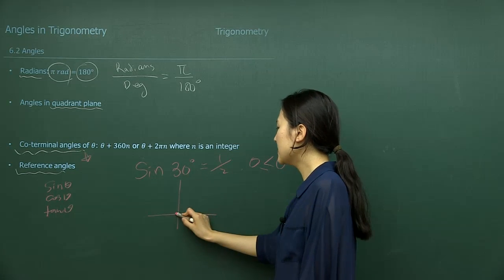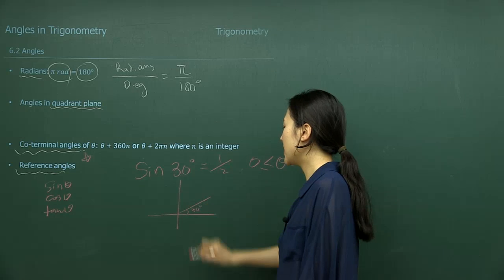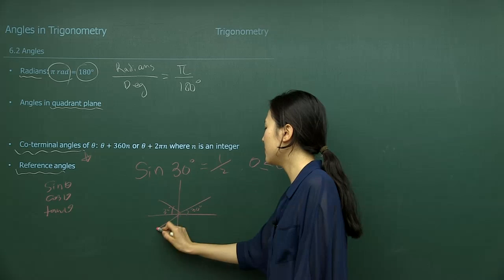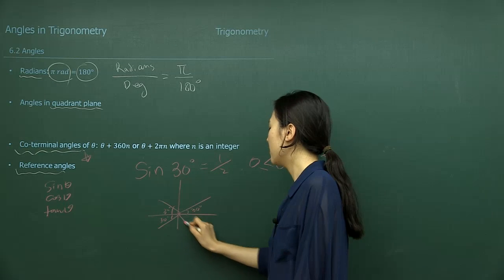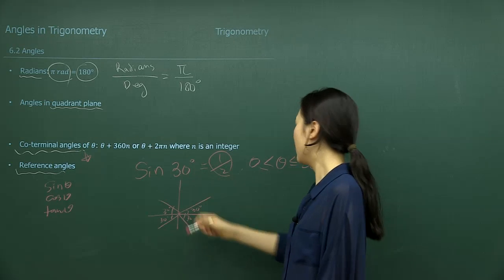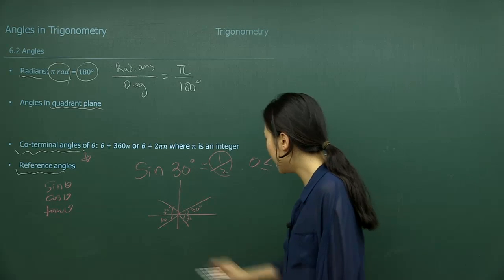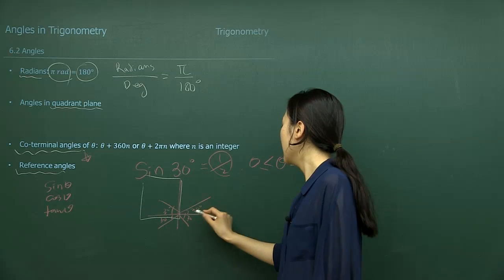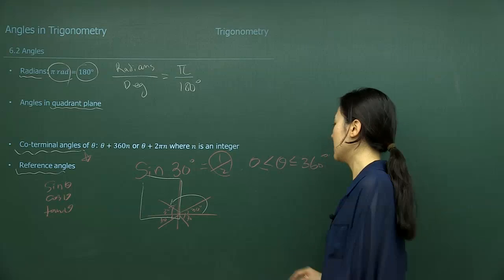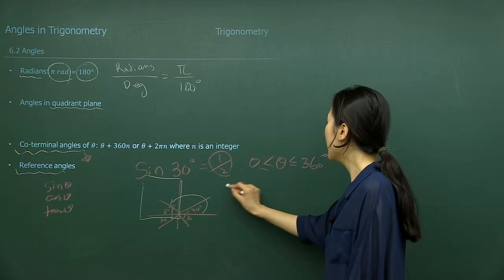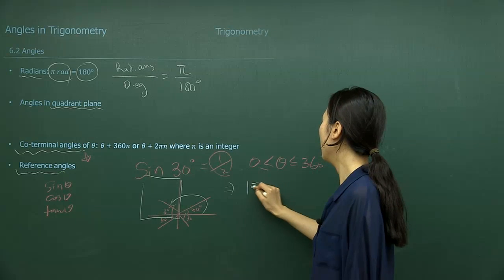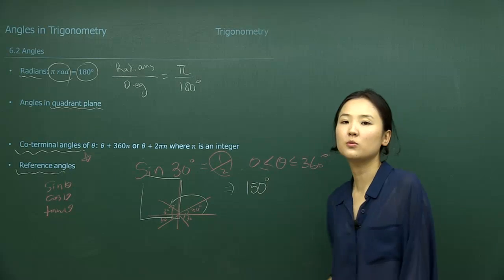Remember, reference angles give the same ratio. Since it's 30 degrees, everything else has to be 30 degrees away from the x-axis. Since this is positive, we have to look for the reference angle in the second quadrant. What is the angle measurement of that? 150 degrees. So another angle value that also equals 1/2 is 150 degrees.